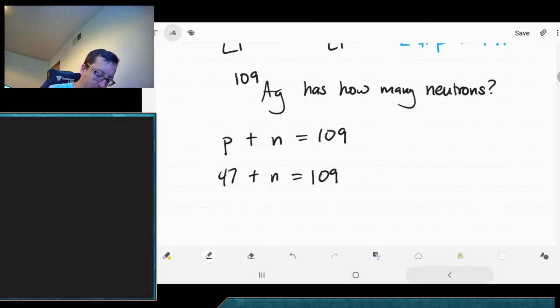And therefore, the number of neutrons is 62. Yeah, that looks right. And so we can see that this isotope of silver has 62 neutrons in its nucleus. So, good stuff there.